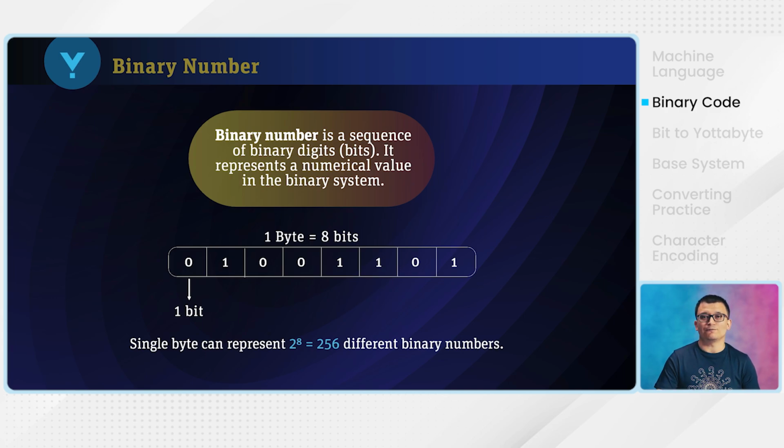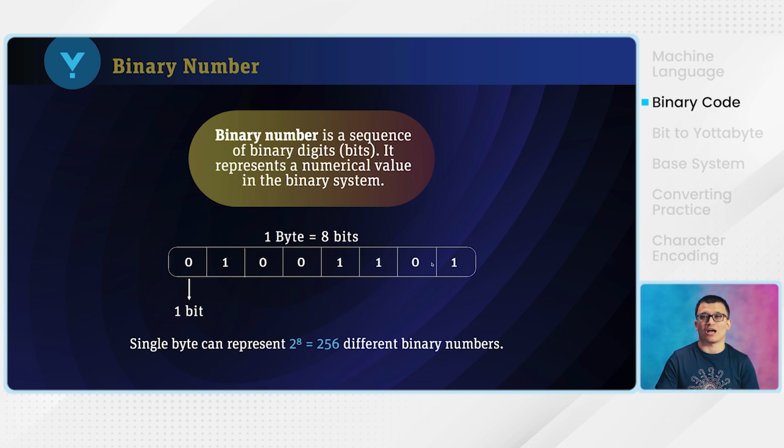If all those bits' states are on, in 1 byte, if all 8 bits are on, then the decimal value of this 1 byte will be equal to 256. In other words, one single byte can represent 256 different binary numbers. So how did we get this number 256?